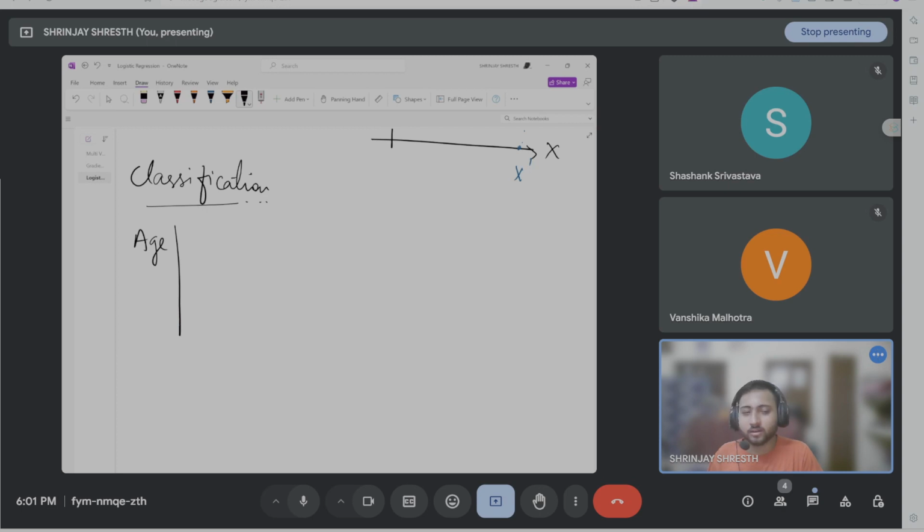You have these students CGPA, ठीक है. These are your x values. Based on these two things, you have to predict कि इसका प्लेसमेंट लगेगा या नहीं.